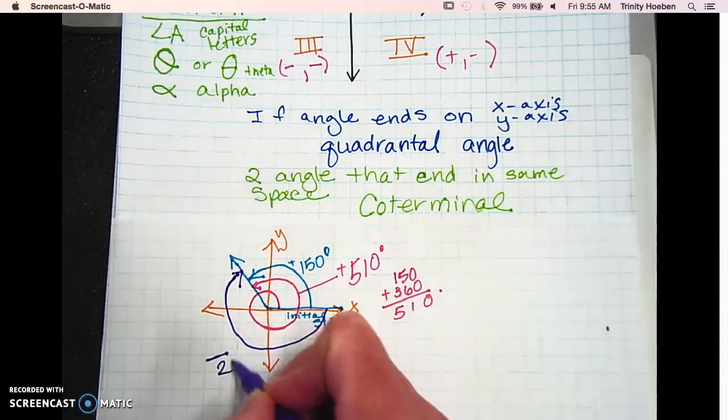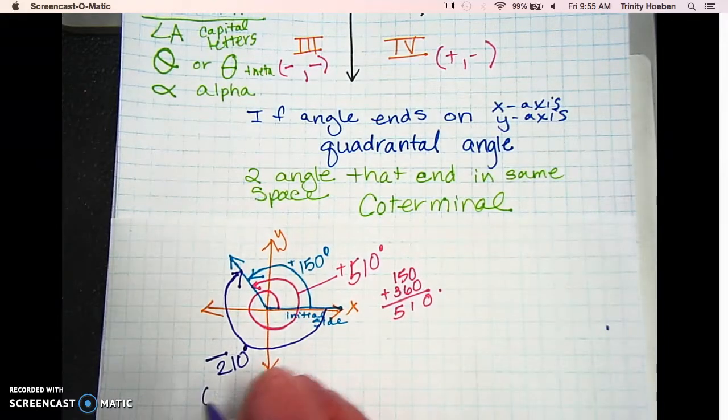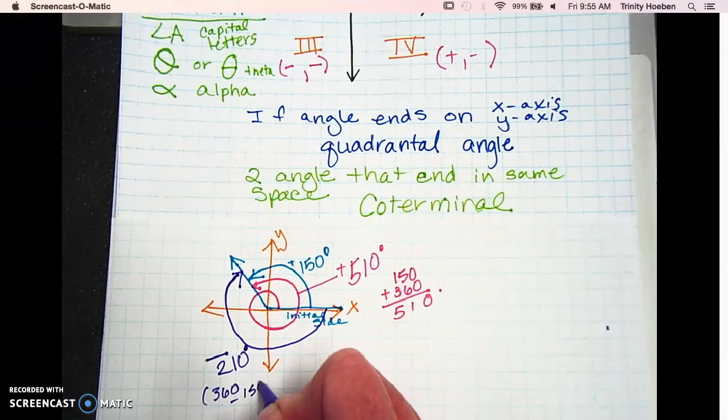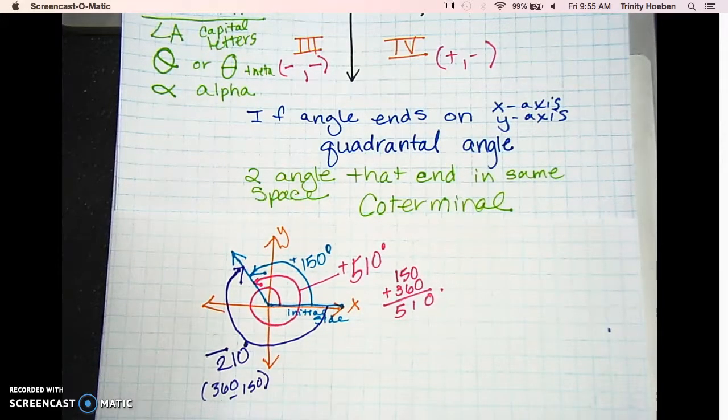Negative 210 degrees, right? How did he get negative 210? Yep. 360 minus 150 gets you to negative 210.